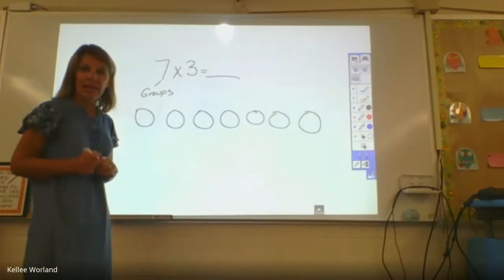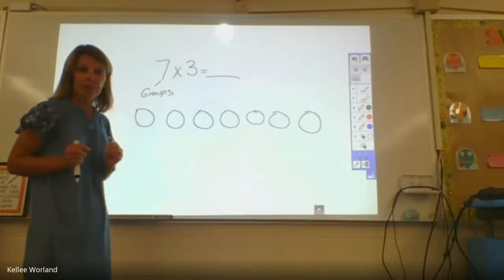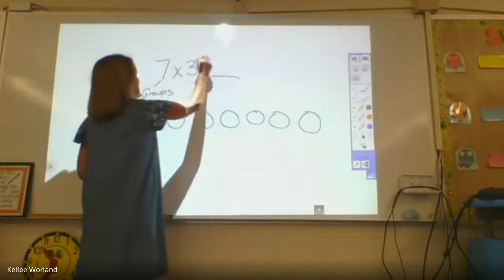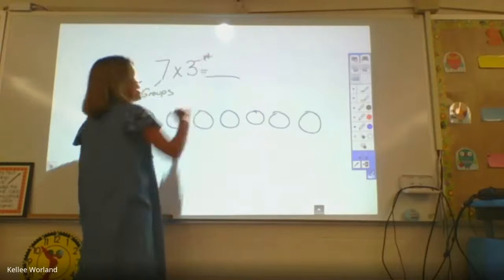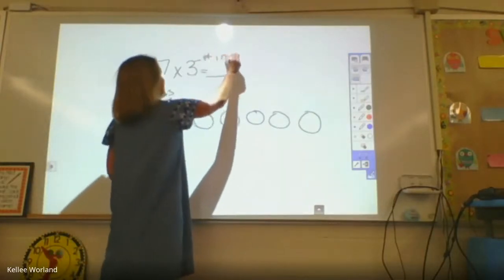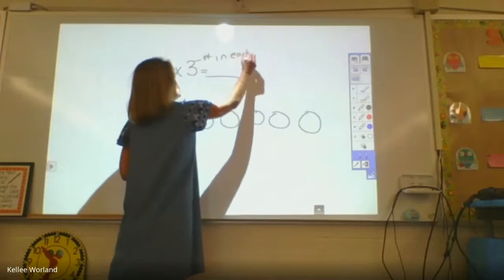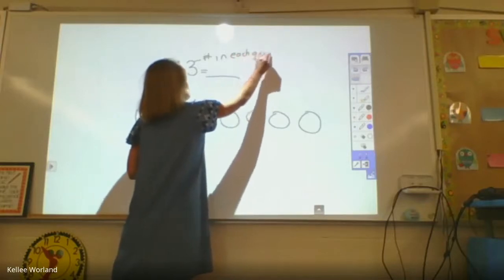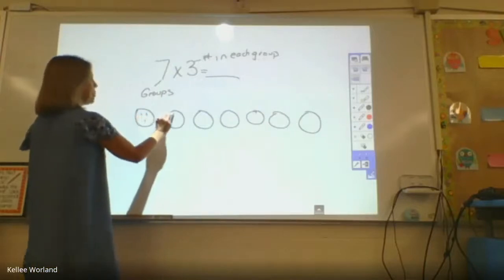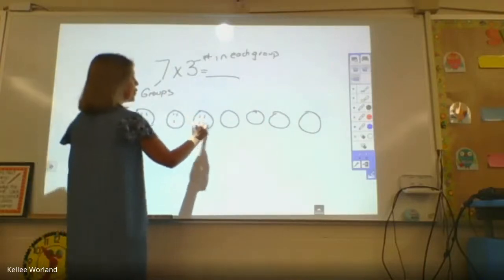What do I need to do with the 3? Right. That's the number. I'm going to use the pound sign, the hashtag sign. That's the number in each group. So now I need to go back and put my 3 in each group.